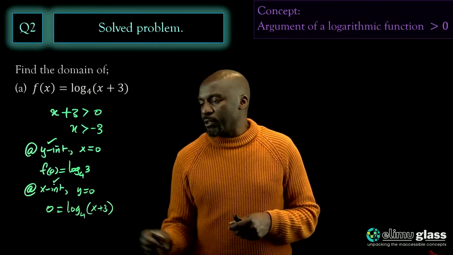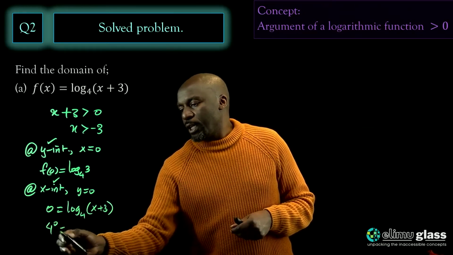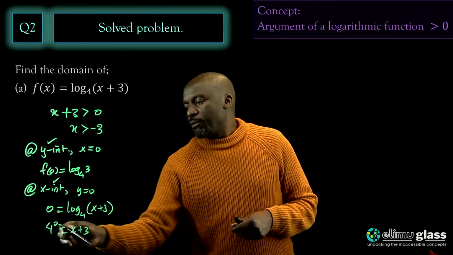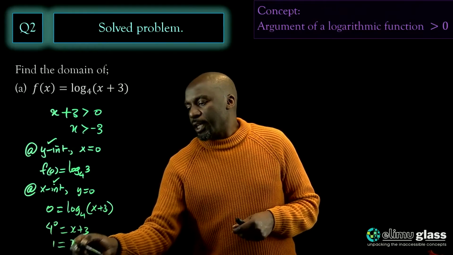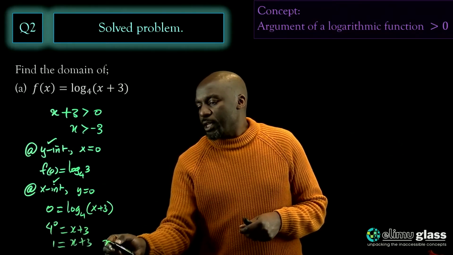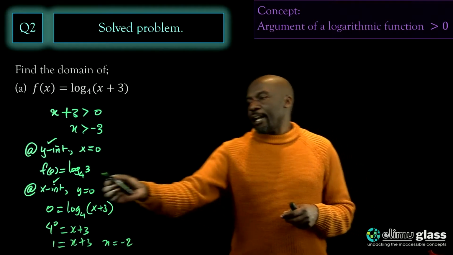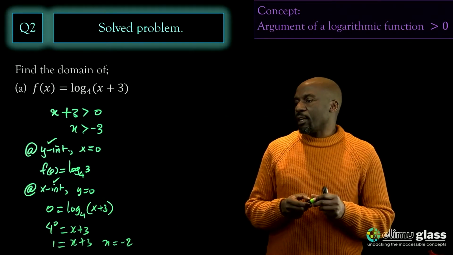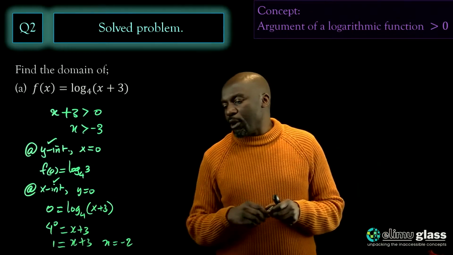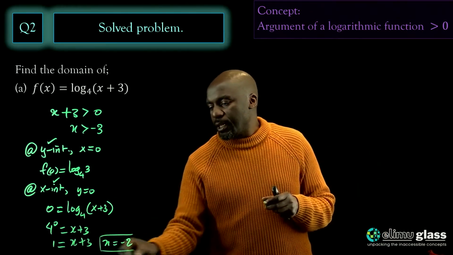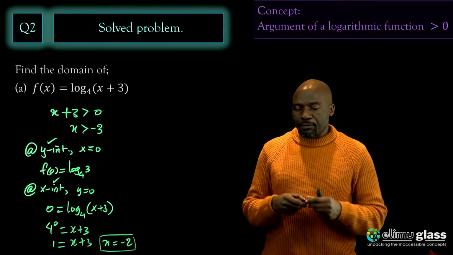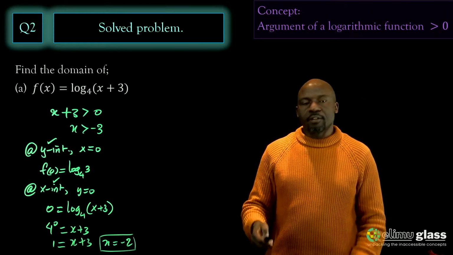Okay, change to index notation. This is 4 power 0 is x plus 3. 4 power 0 is 1, is x plus 3. That means x must be negative 2. We know that at the x-intercept, in other words, the graph crosses the x-axis at the point where x is negative 2. And with that information, we can now try to sketch that function.